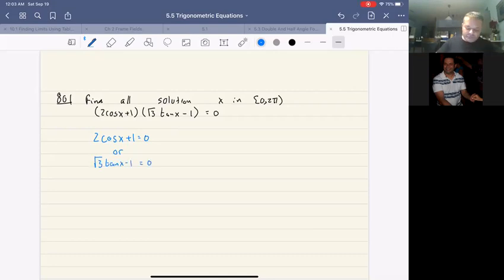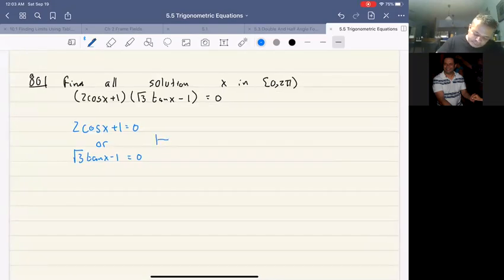Okay? So cosine x is negative 1/2, or tan x is 1 over root 3. Okay, so we have to solve these two.